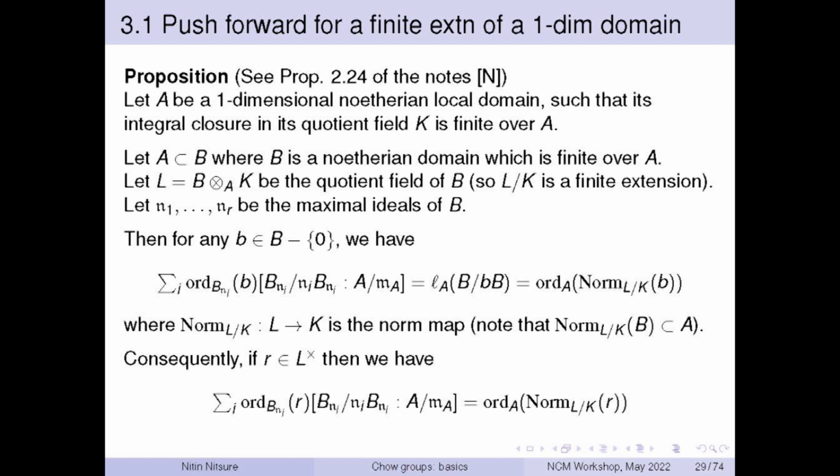So the idea here is the downstairs space, the downstairs variety, the codomain of the same dimension. I am going to go to its generic point and look at its ring. This is happening for the image of the Weyl divisor. So those are codimension 1 subvarieties. There I am going to the generic point of that codimension 1 subvariety, and there I get a Noetherian local domain of dimension 1.